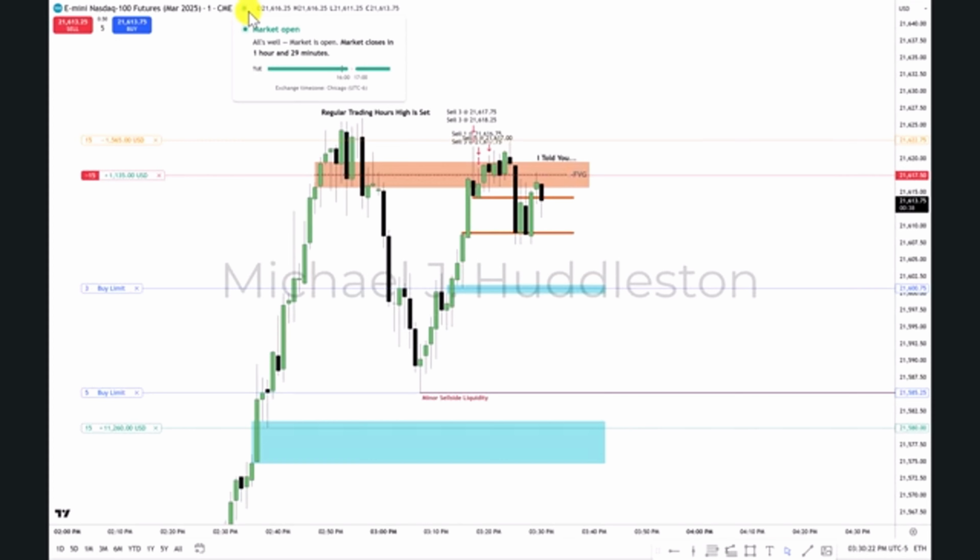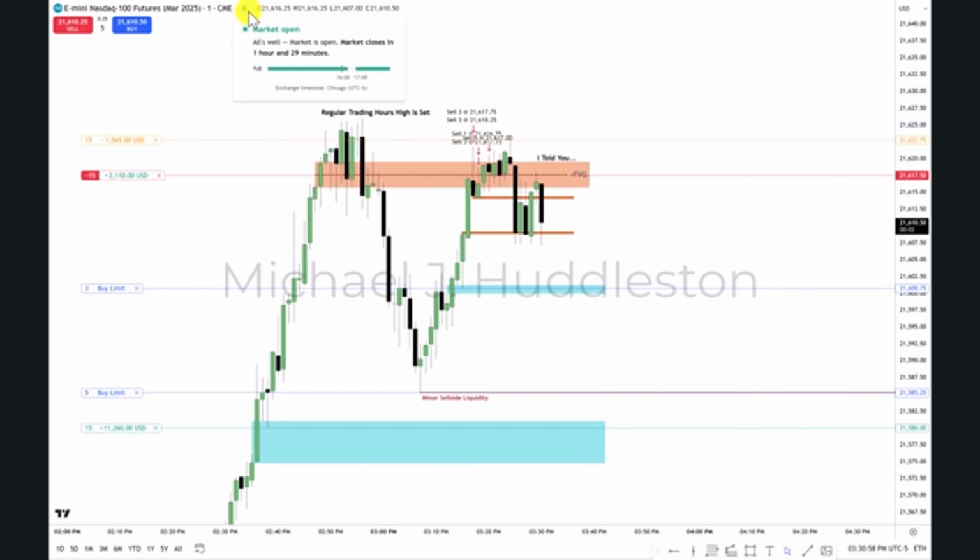Notice how it did that rotation right at the midpoint. Now there's a small little volume imbalance towards the high of that inversion fair value gap. We might want to wick into that one more time. Traders that use rudimentary ideas like bull flags and bear flags are seeing a bull flag here. And three live streamers that you would probably know well are looking for a break higher based on that premise.